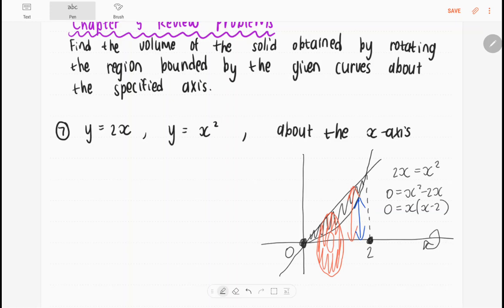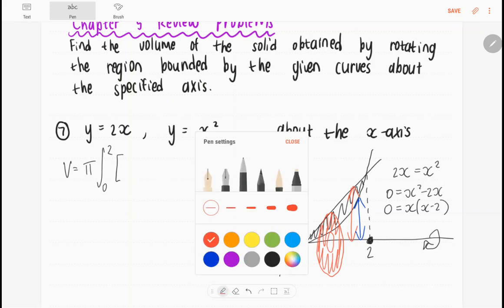Right, so now I'm just going to set up my integral. The volume is going to be, I'm using the washer method, so it's pi, and then I have the integral from 0 to 2, and then I have my outer radius squared. My outer radius is going to be my straight line. So let's just fill that in.